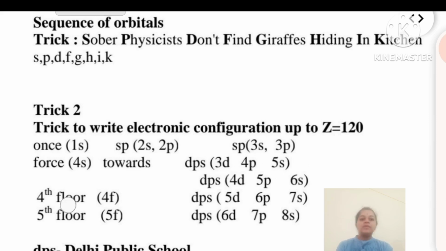Next, coming to 4th floor, that is 4f. Then again DPS, but the principal quantum number changes. 4 will be shifted to 5, 5 will be shifted to 6, 6 will be shifted to 7. Next, 5th floor, that is 5f. Then DPS, Delhi Public School: 5 to 6, 6 to 7, 7 to 8.